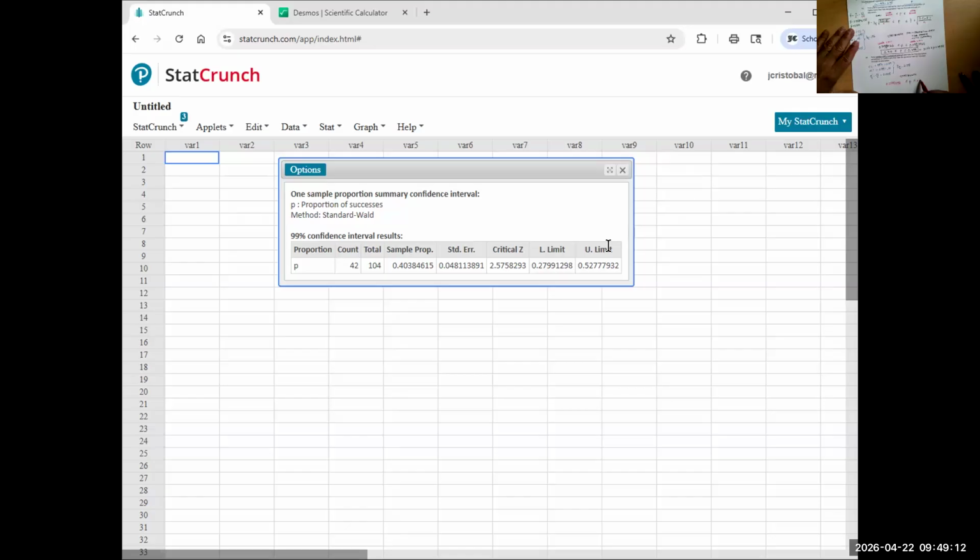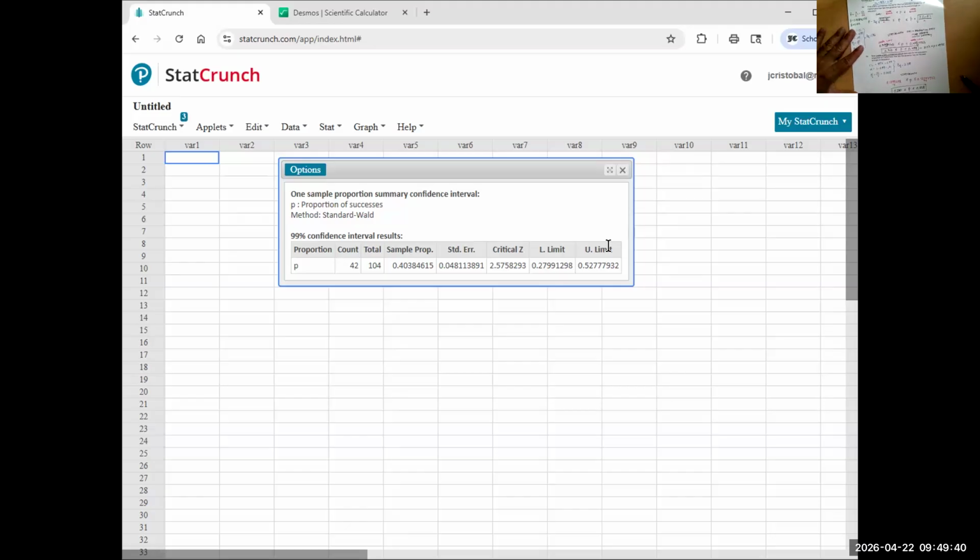Upper bound, 0.527777932. A lot of sevens there. Rounding to 3 decimal places, this lower bound, that 9 rounds that 79 up, 0.280, less than our population proportion. Rounding this to 3 decimal places as well, 0.528 this time.